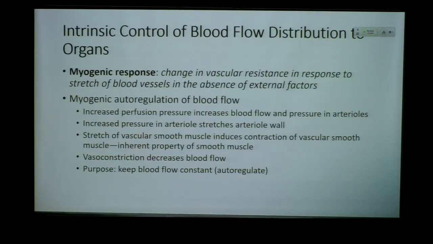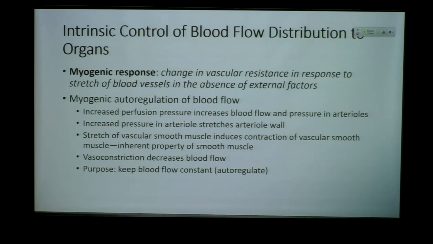So if I stretch the wall, it's going to recoil on itself, okay? And what happens is, let's say you increase the perfusion to the area, you bring more blood flow in, you stretch that smooth muscle. Now, the inherent properties in the smooth muscle is going to recoil, which keeps the blood flow constant.